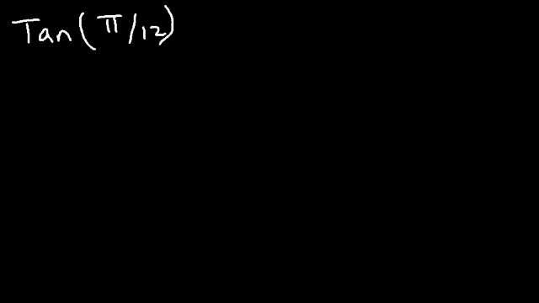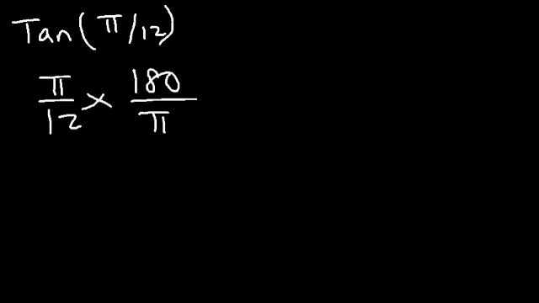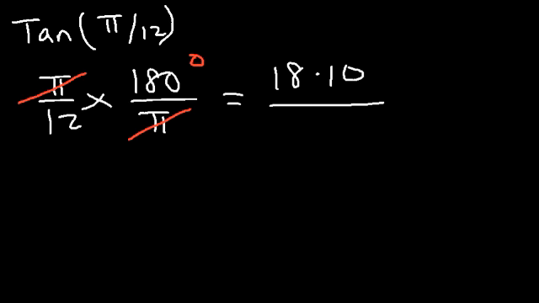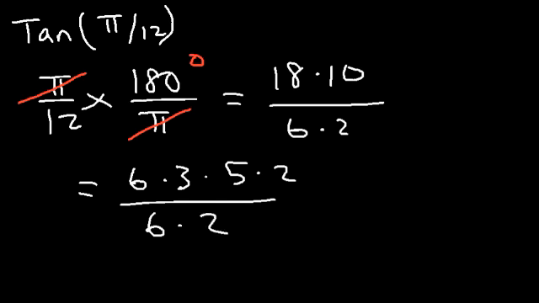So like before, we need to convert the angle in radians to degrees. So let's multiply by 180 divided by pi. So the pi values will cancel, and we know that 180 is 18 times 10, 12 is 6 times 2, 18 is 6 times 3, 10 is 5 times 2, so we can cancel a 6, and we can cancel a 2, leaving 3 times 5, which is 15 degrees.